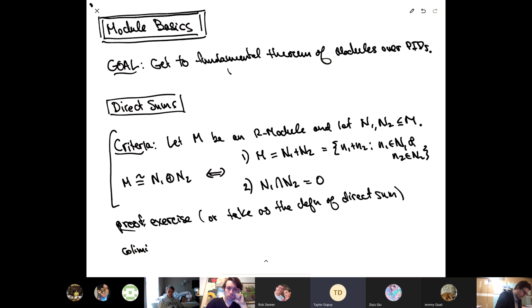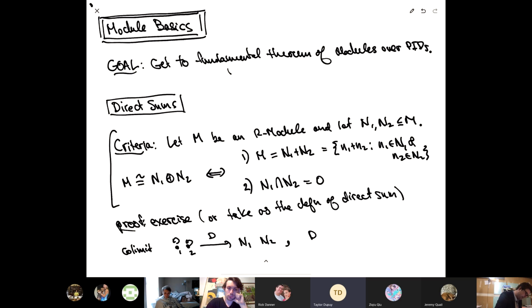It's a colimit of the diagram with two dots, where these two dots go to N1 and N2. So if you really want to define it correctly, then you have a functor here, and you have N1 and N2. All I'm saying is that this is a category where you just have two objects, and they only have the identity morphism on themselves.